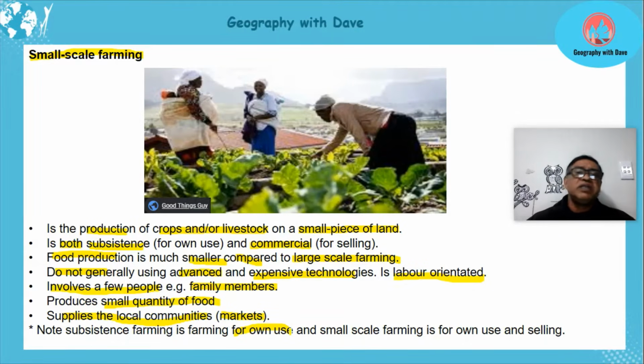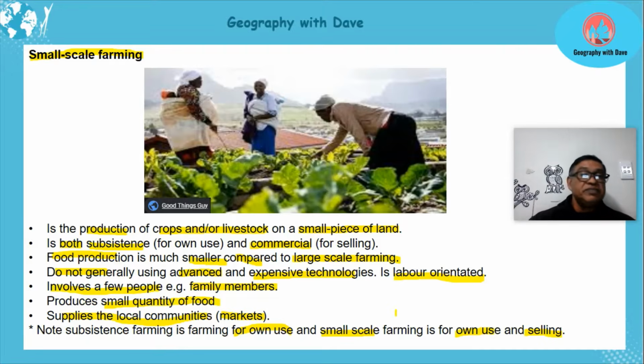If there's a surplus, most probably a subsistence farmer will take it and maybe sell it or exchange it for other things. But the purpose for a subsistence farmer is to farm for their own use. Whereas with a small scale farmer, there's a difference between own use and selling. There's a commercial aspect to small scale farming.